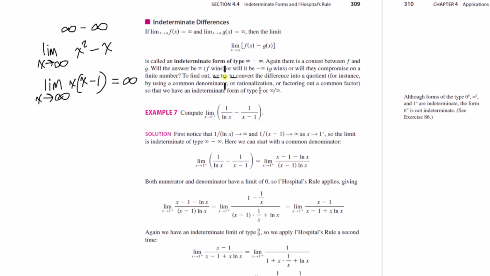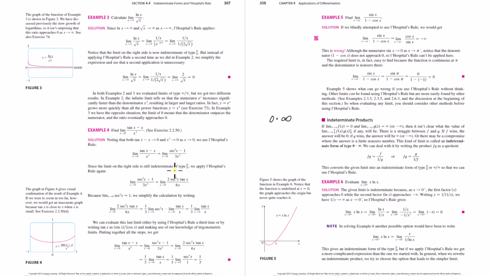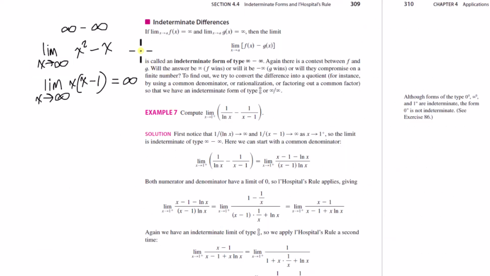In general, if you're trying to solve an indeterminate form limit, you're going to be trying to convert it into a form where you can use L'Hopital's rule. We saw L'Hopital's rule was applied for the 0 over 0 or infinity over infinity type. Then we looked at indeterminate products, 0 times infinity. To solve that, in general, we convert it to a quotient where we can use L'Hopital's rule. And that's in general what we're going to do here too, with indeterminate differences.